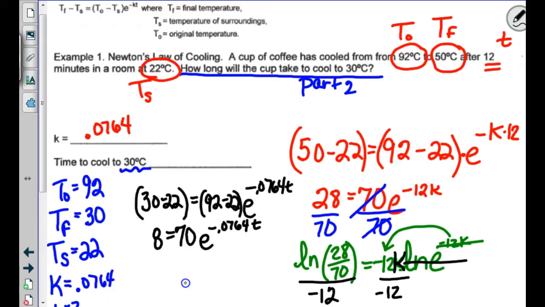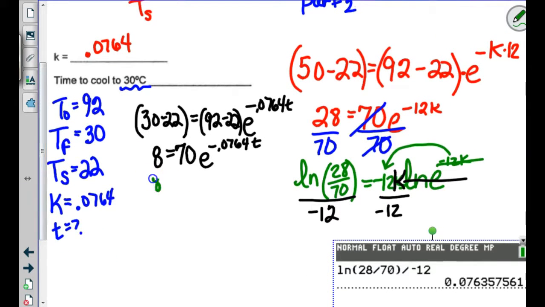Solving it the same way we did before, what are we going to do next? Divide. So we get 8 over 70 is e to the negative 0.0764 t. And then because it's in the exponent, we want to take ln of both sides.